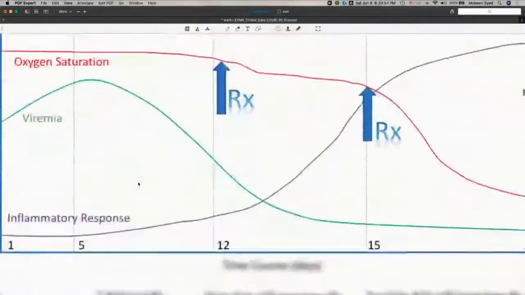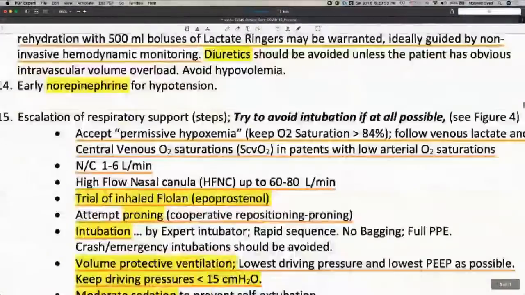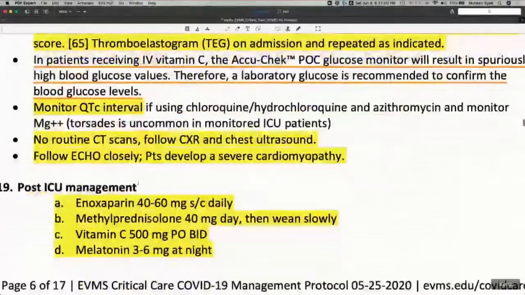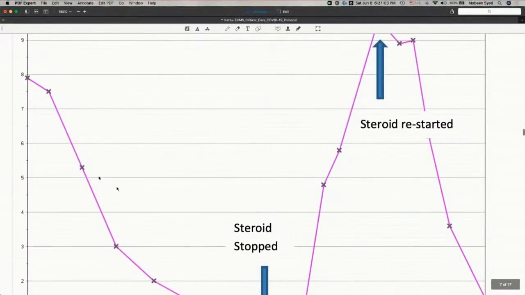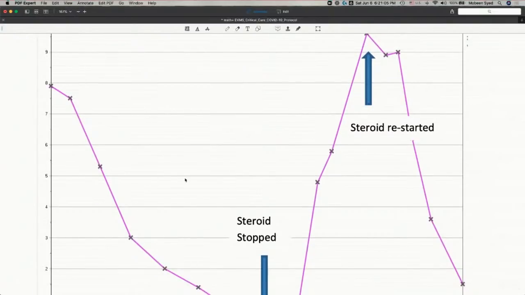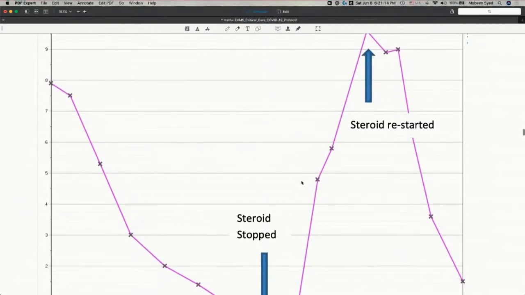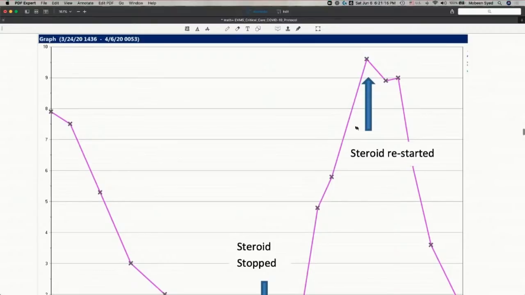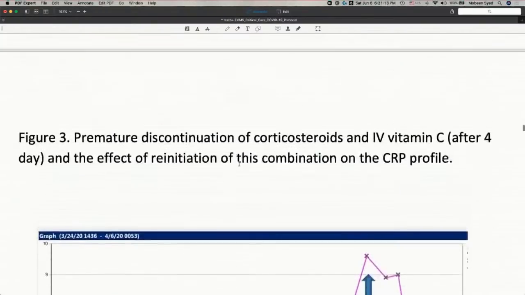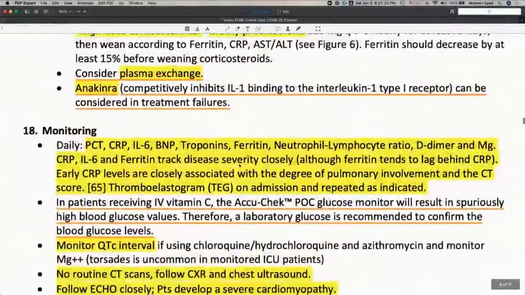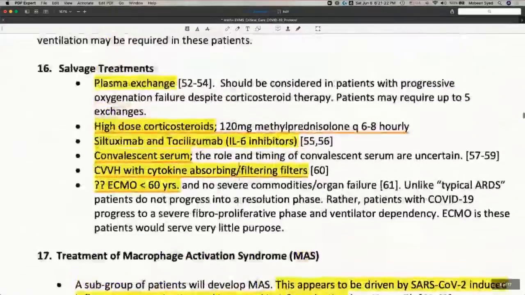So this is what we talked about yesterday as well, that they have a diagram here. So what they're saying is that if the steroids are started, then do not stop them abruptly or earlier. If they are stopped earlier, there is a rebound in the infection, and then you have to start them again and bring it back. But that can become a runaway situation, not the infection, the inflammation.